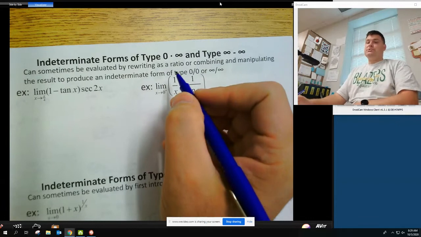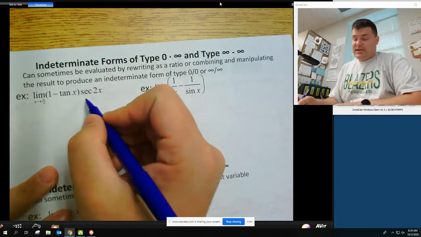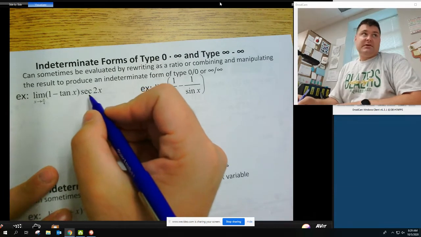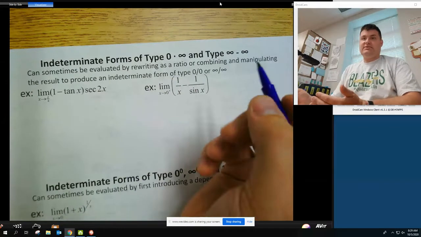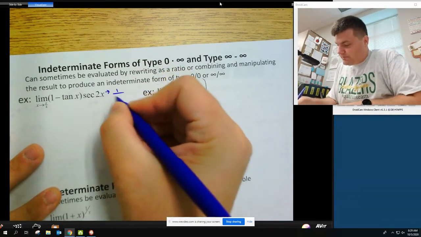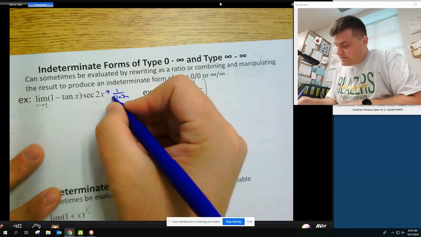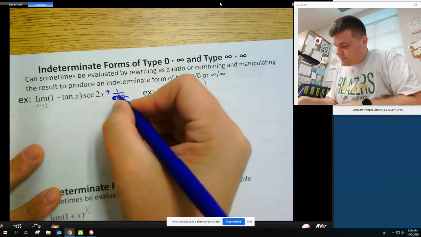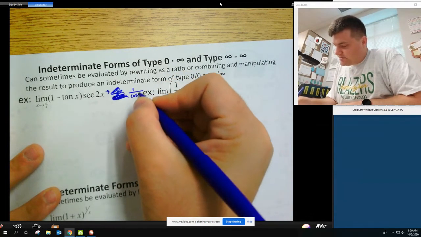So what I want to do is do a rewrite so I'm able to L'Hopital it. Easiest thing to do here with trig is, if you don't have it in terms of sines and cosines, then start changing that a little bit. So this secant changes to 1 over sine of 2x, not sine, cosine. What am I thinking? 1 over cosine of 2x.